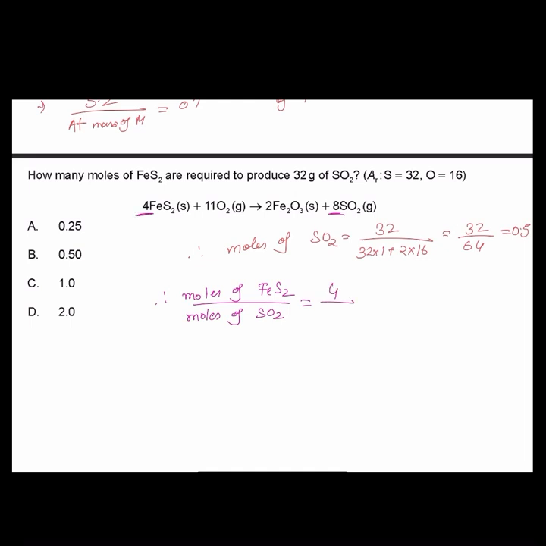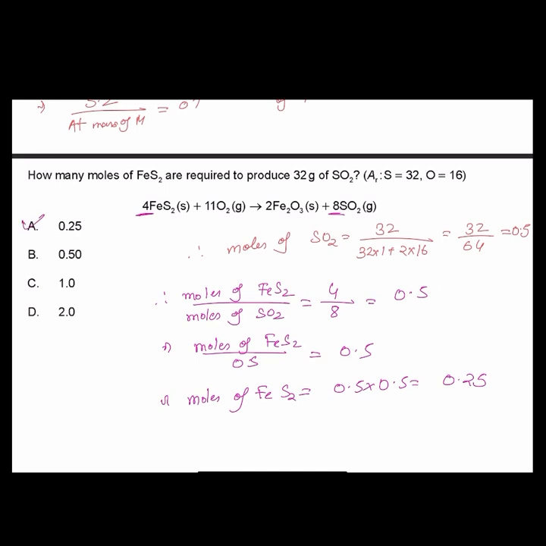FeS2 is 4, and SO2 is at the denominator, so I'll put 8 here. 4 by 8 would be 0.5. The moles of SO2 is 0.5, which we have already found in the previous step. Moles of FeS2 would be 0.5 times 0.5, that is 0.25. So you can say option A is the correct answer to this question.